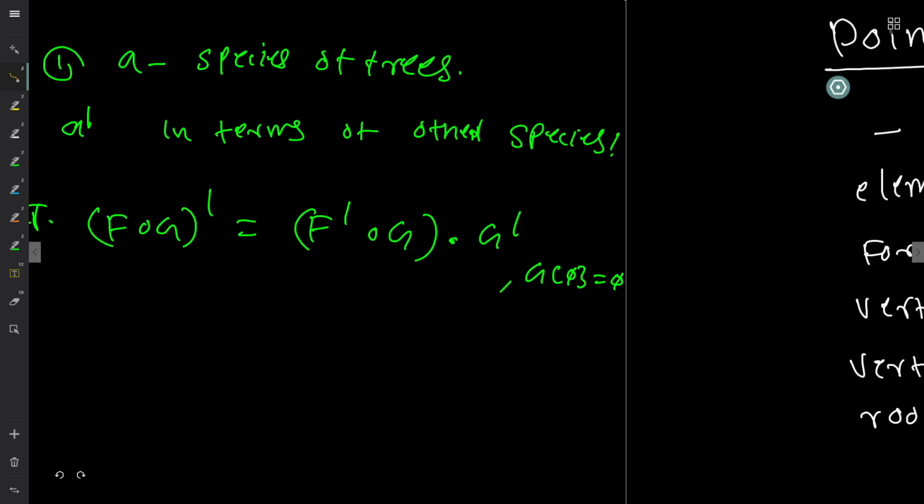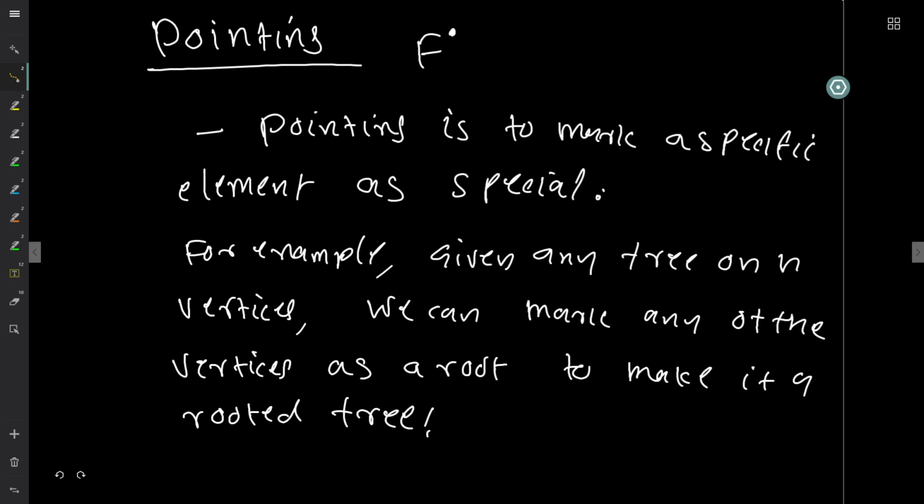Now we go to another operation which is called pointing. Pointing is basically taking a structure and pointing to one of the elements to make it special. A good example is, given a tree, you say that one of the vertices I want to make special.